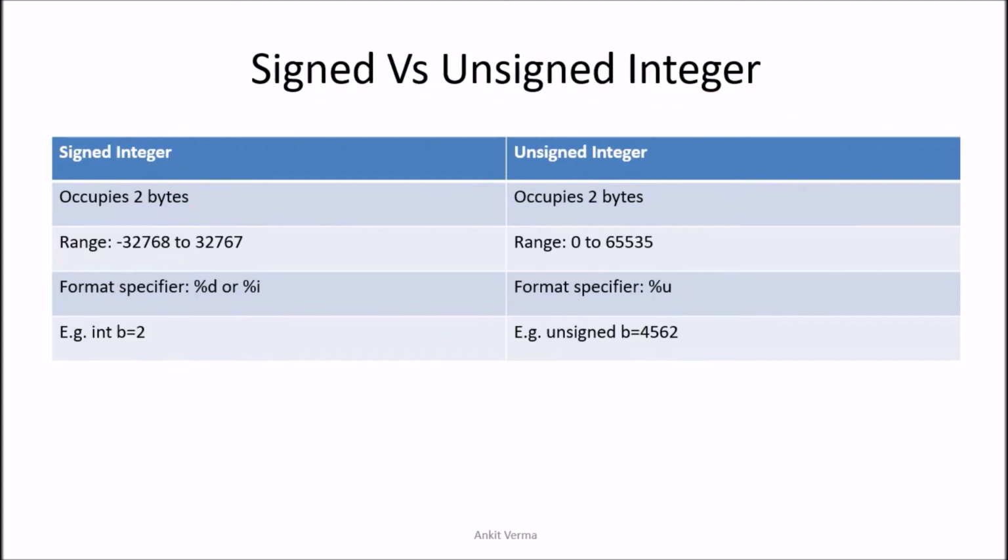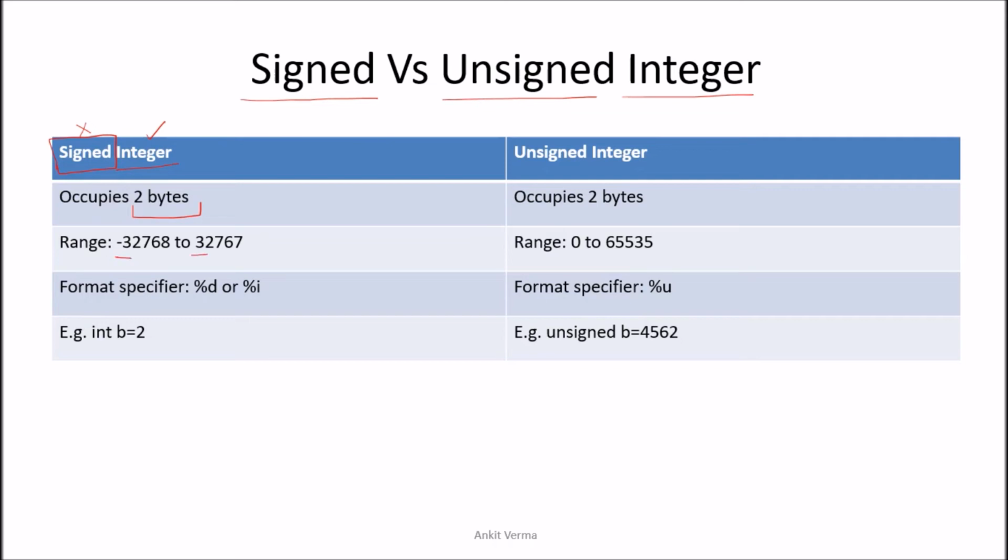Next we have the difference between signed versus unsigned integer. Now for the integer, by default signed is already applied. Whether you apply signed or not, integer by itself is signed. It takes 2 bytes of memory and it goes from minus to plus.